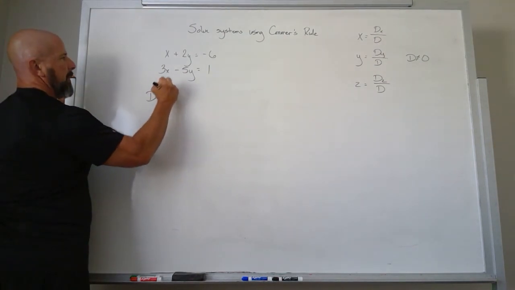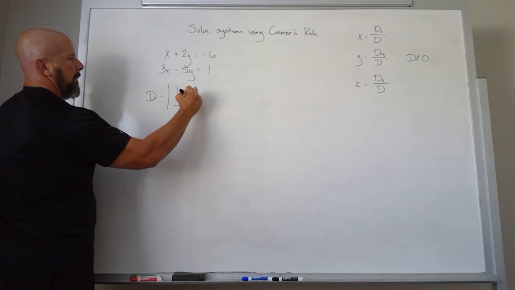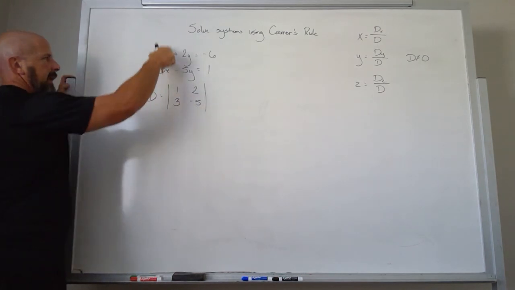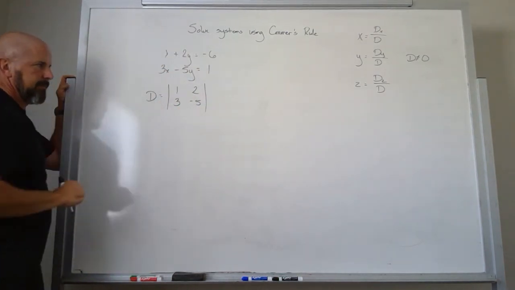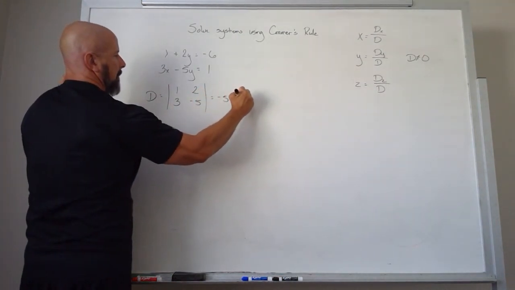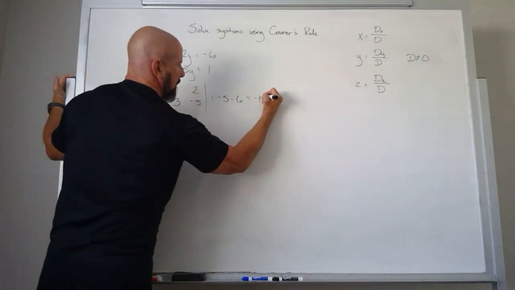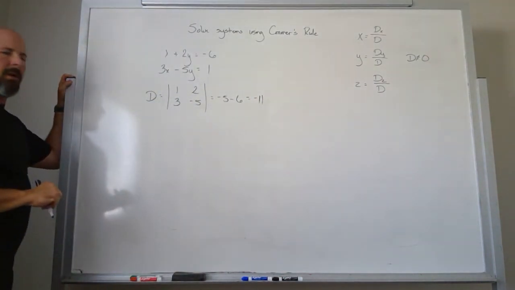D, the base determinant: 1, 2 up top, 3, negative 5 on the bottom. Again, x column, y column. Negative 5 minus 6 is negative 11. Not 0, so I'm good to go.